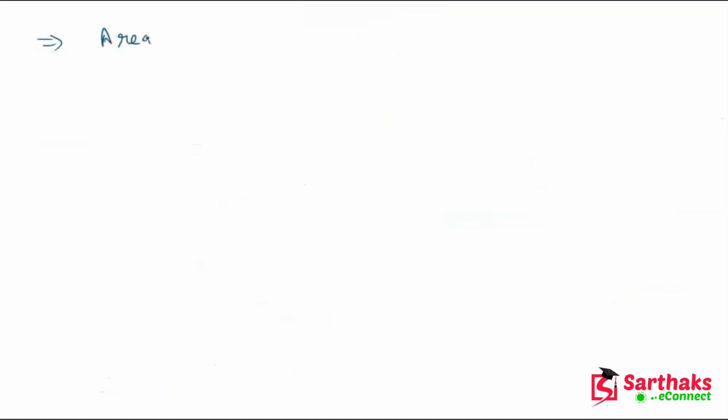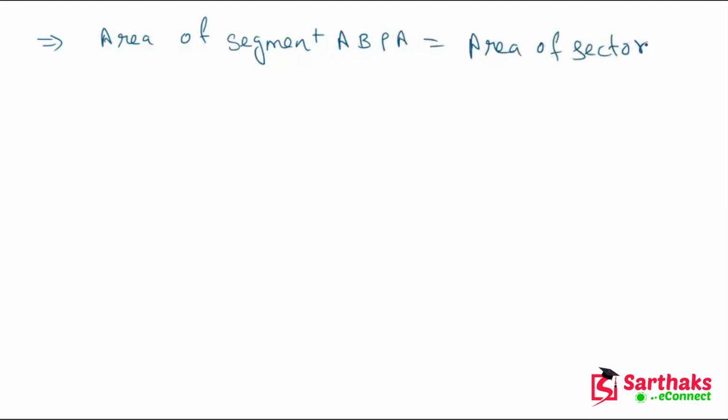So area of segment ABPA is equal to area of sector AOBPA minus area of triangle AOB.